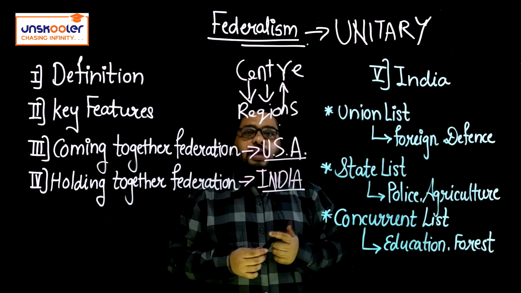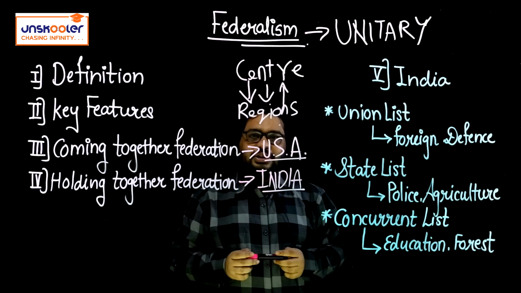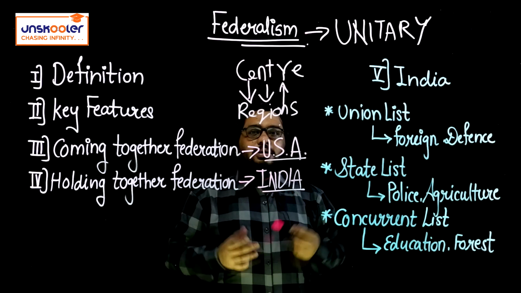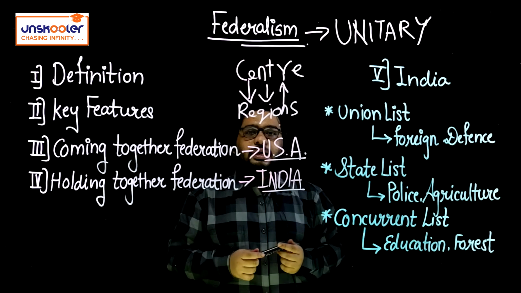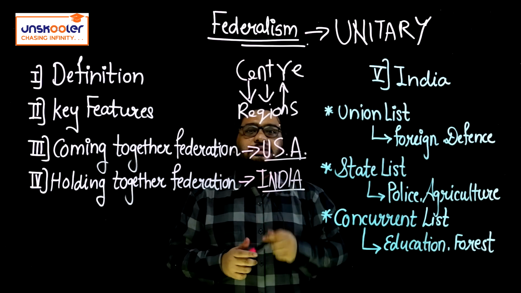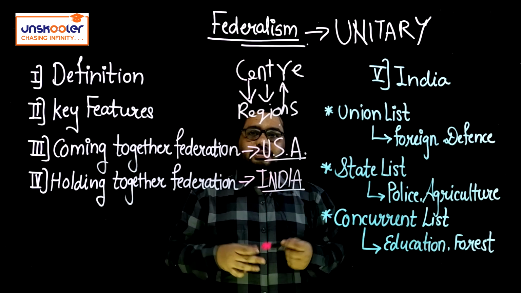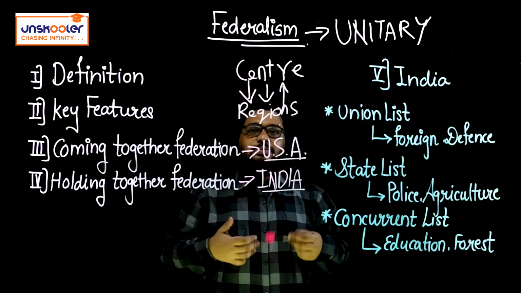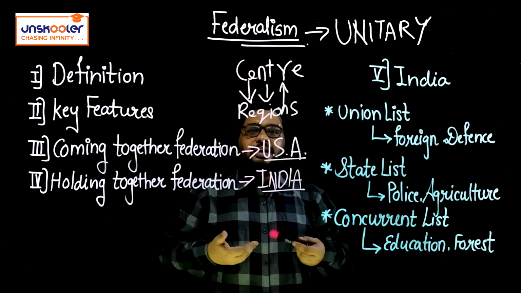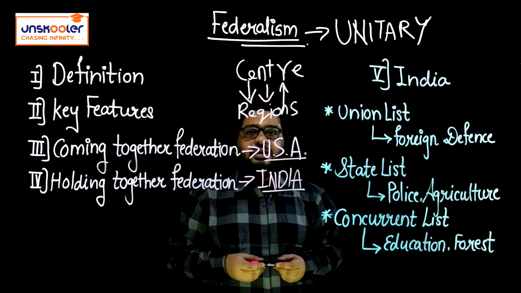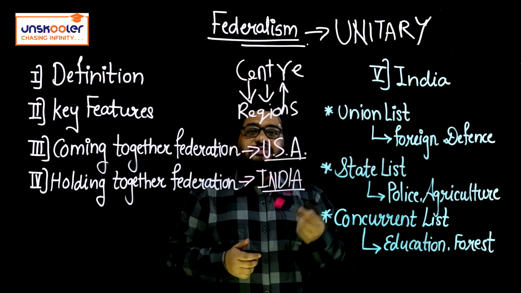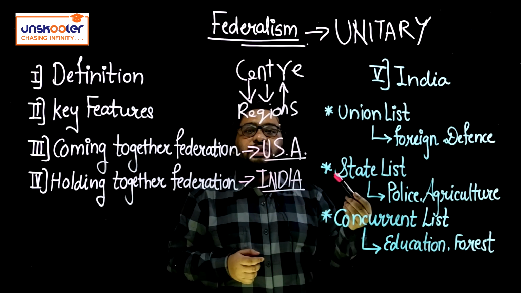Now we come to, as I was mentioning, the question: what kind of structure does India follow? Write this down, because this can come as a question, and it probably will. So the question is, what kind of form of government does India have? India has a government which is federal in nature, unitary in spirit.